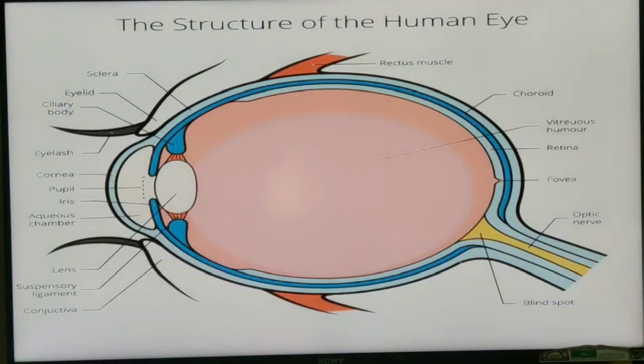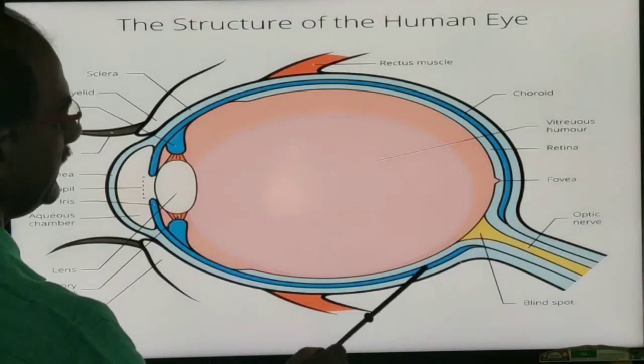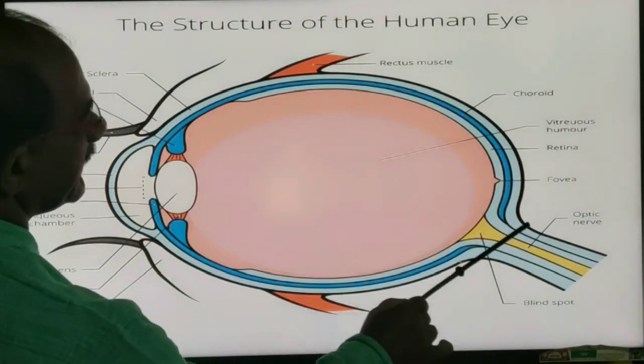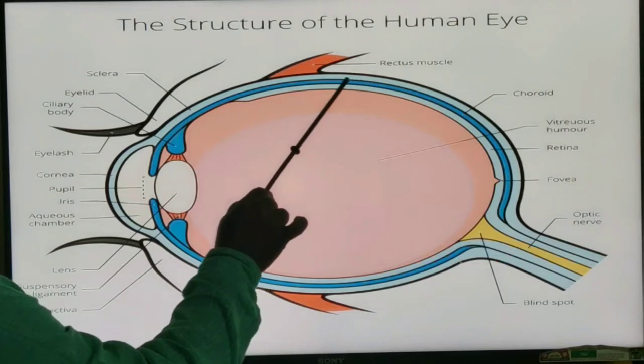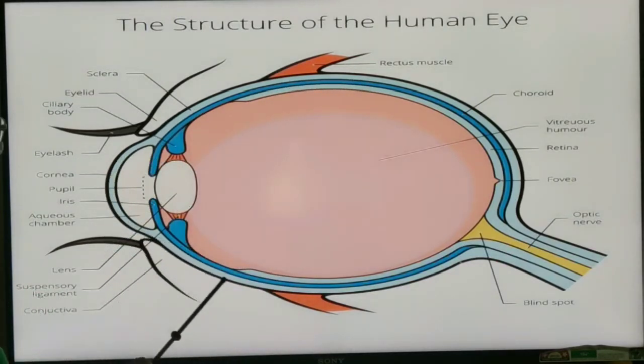This sclera is made up of dense connective tissue, and it maintains the shape of the eyeball. The shape of the eyeball is maintained with the help of that outermost layer, which is made up of dense connective tissue.